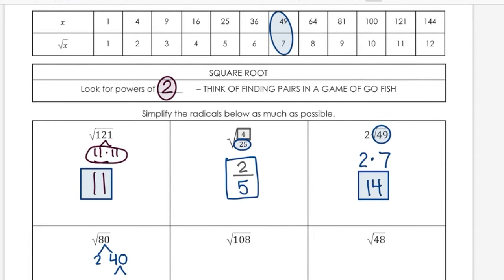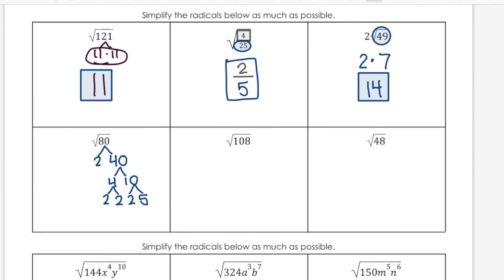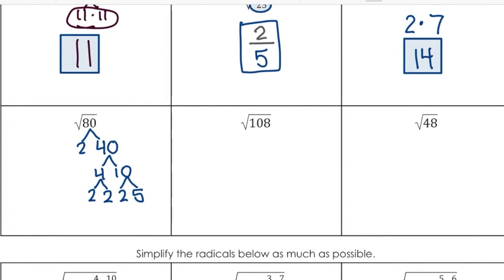So then 40 is 4 times 10. 4 is 2 times 2. And 10 is 2 times 5. Then I'm going to circle all of the numbers that I still have left. And I recommend that you guys pause and do that as well.